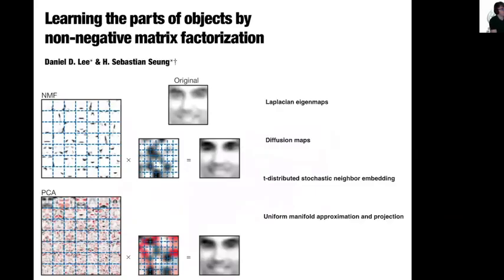Here you have an example on the left of two linear approaches: non-negative matrix factorization and principal component analysis. That's the top and the bottom on the left, applied to thousands of different faces. You can see that non-negative matrix factorization will identify different components of what constitutes a face, and, thanks to these components, will be able to recreate a face based on the decoding of this face from these ingredients.